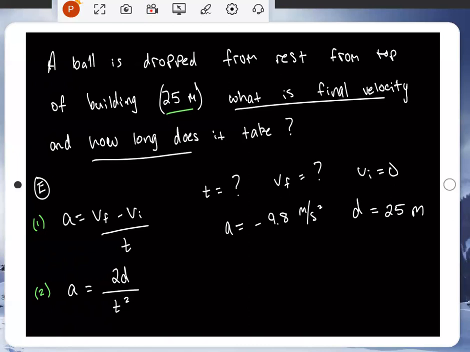Yes, definitely. You have to. Good. And the reason is this is unknown and so is that, right? If we only have one equation, we can only solve for one thing. So we're solving for T down here, right? Because we know A and D. Make sense?